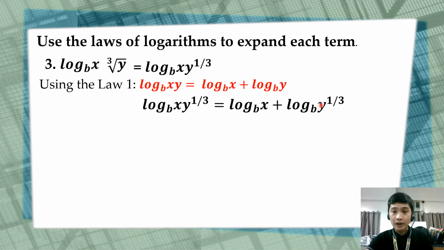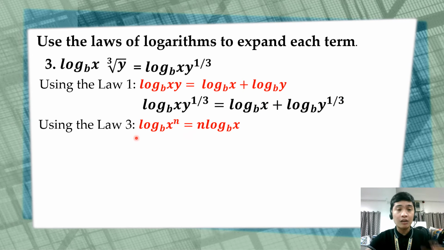Now, this is actually an application of the third law of logarithm, the power rule, or the logarithm of a power, which states that logarithm of x raised to n base b is always equal to n times logarithm of x base b.